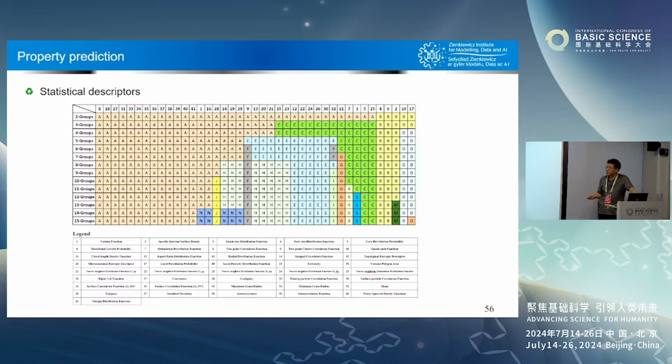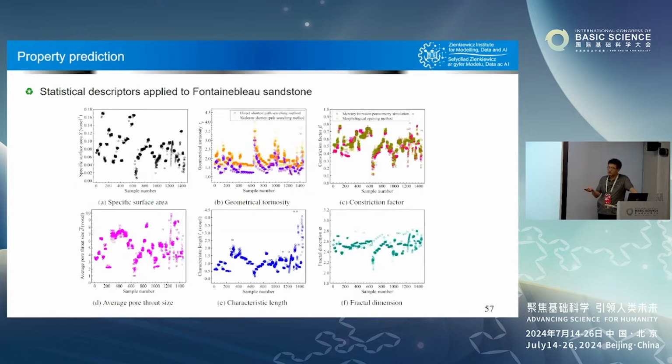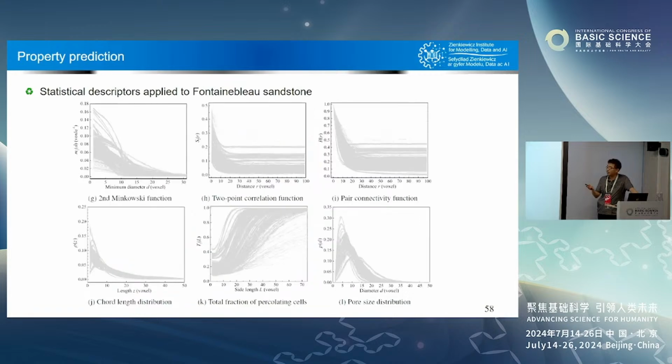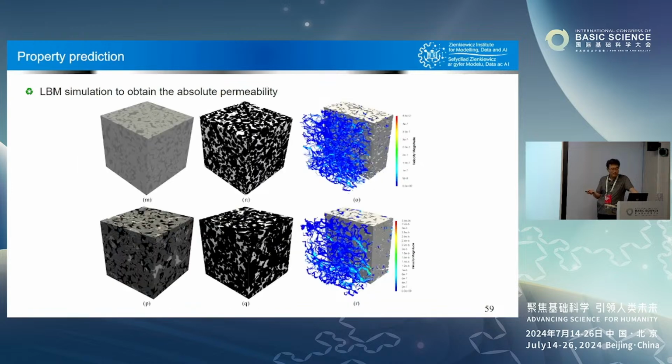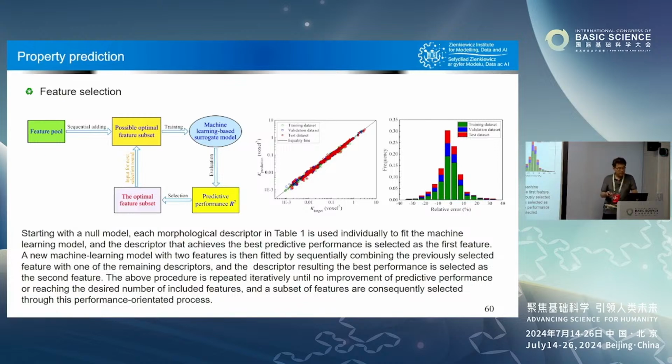But the question is, examples of this descriptor function, relations, and those ranges that reconstructed, to understand which descriptors are the best ones.